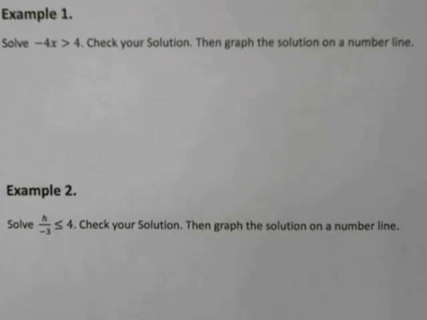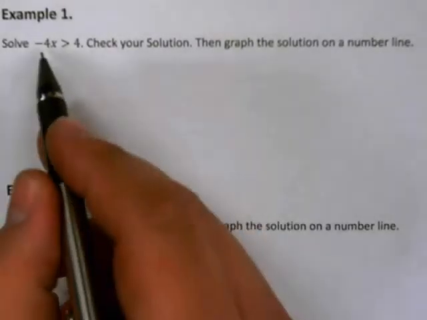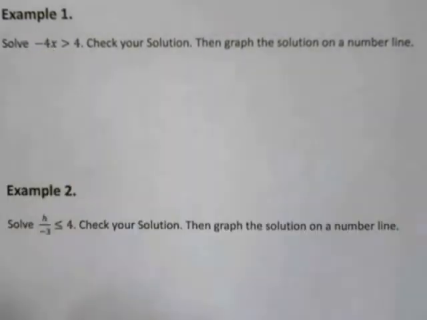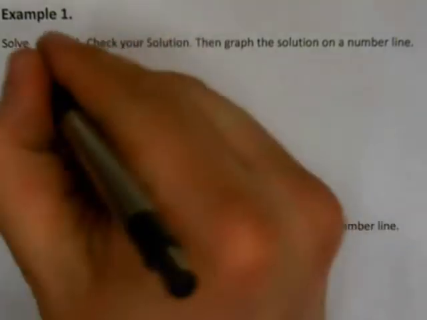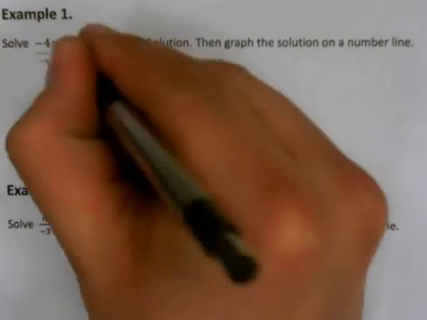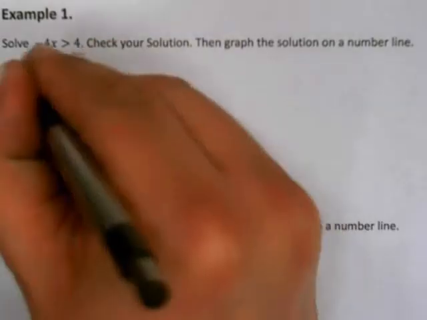Example 1 says, solve negative 4 times x is greater than 4. Check your solution, then graph the solution on a number line. Okay, so what we have to do here is solve in the exact same way in terms of getting x by itself. And to do that, we have to divide by a negative 4 on both sides.